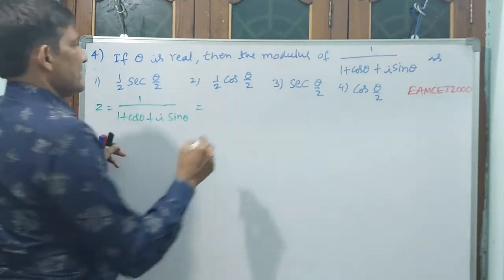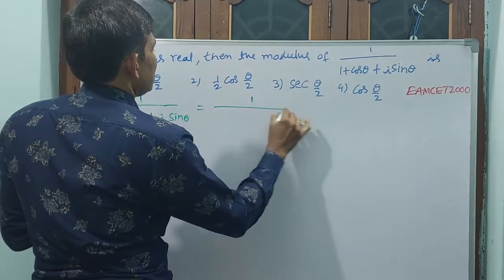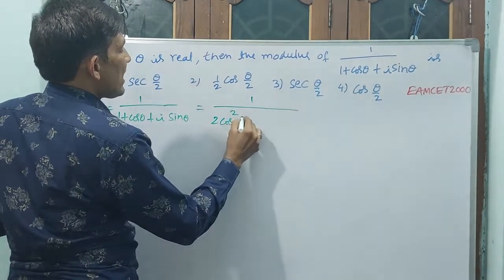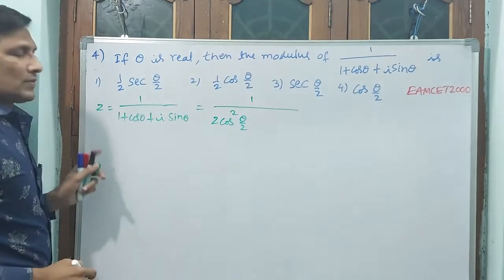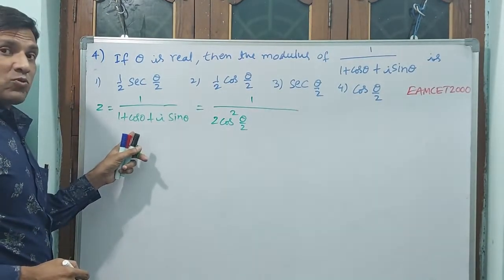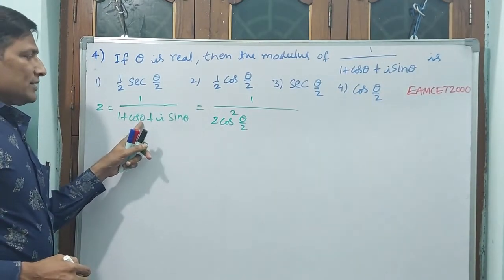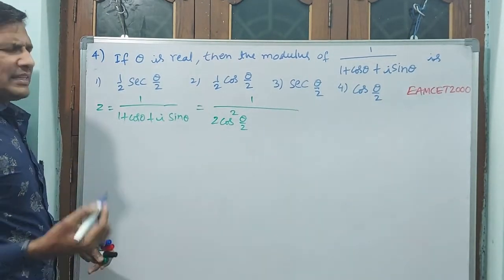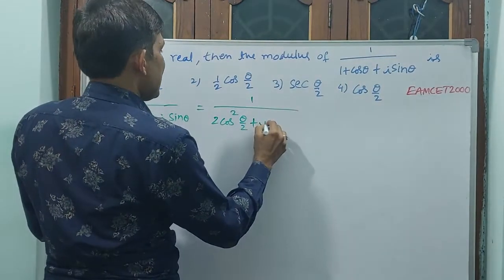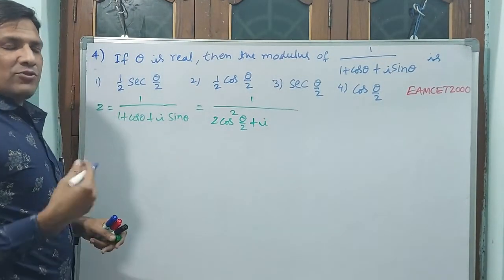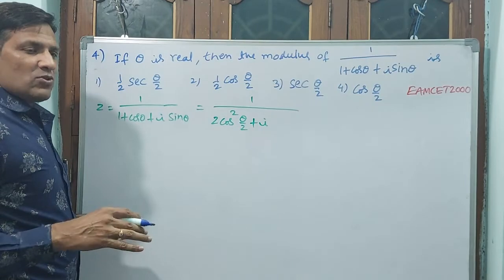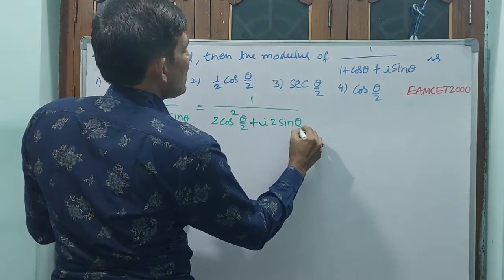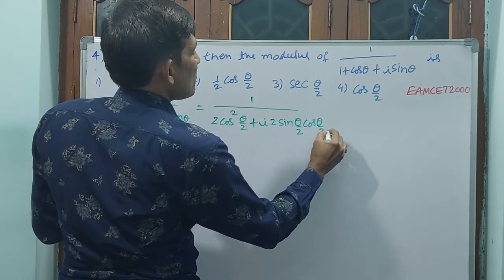Like that you first split it. 1 minus cos theta would be 2 sin square theta by 2. Here theta means theta by 2, 2 theta means theta. This we know very well. Plus I sin theta: sin 2a is 2 sin a cos a, so 2 sin theta by 2 cos theta by 2.